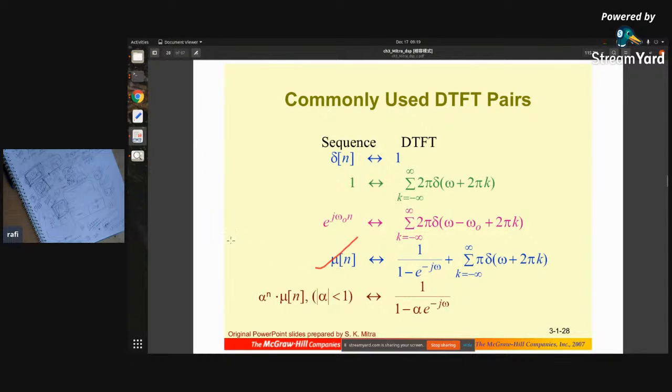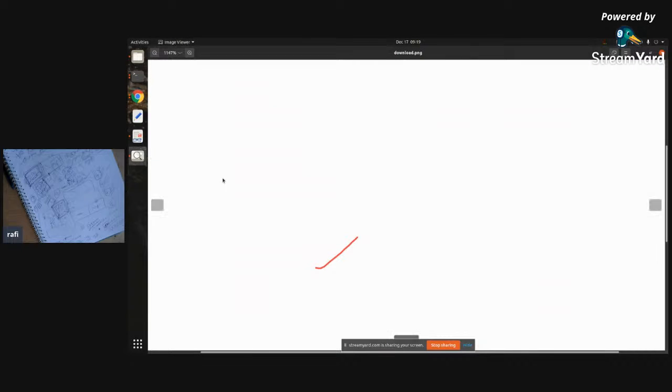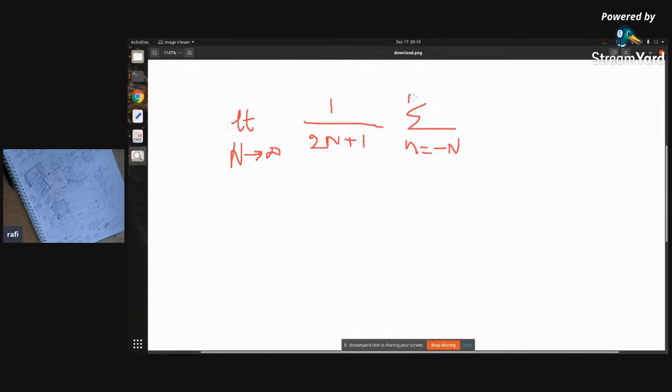So when you apply this formula, 1 by 2N plus 1, summation n equal to minus N to N, as N tends to infinity, limit capital N tends to infinity, what is the power formula? 1 by 2N plus 1, summation n is equal to minus N to N, x square of n.